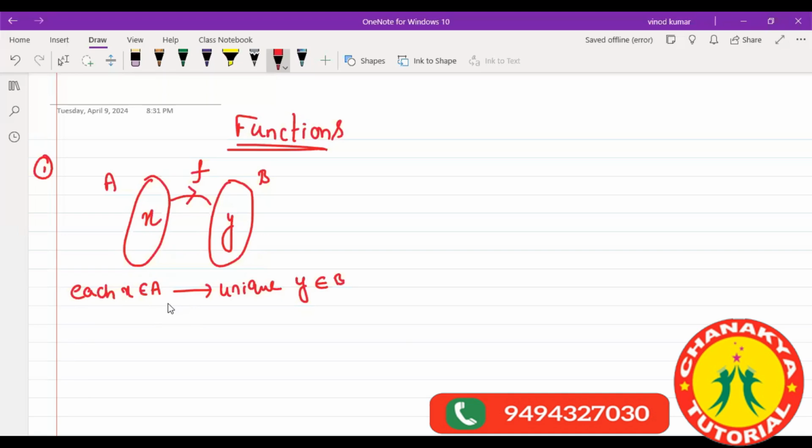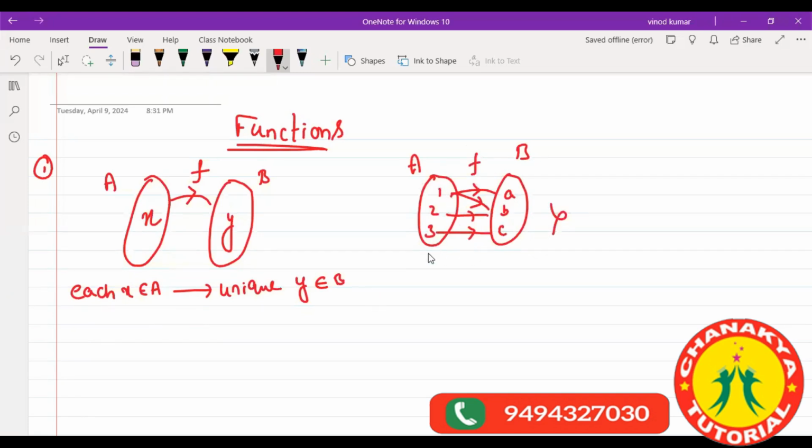Unique element means, for example, here A set is 1, 2, 3 and B set is a, b, c. 1 maps to a, 1 also maps to b, 2 maps to b, 3 maps to c. So F is from A to B. Is it a function? No, it is not a function. Why?